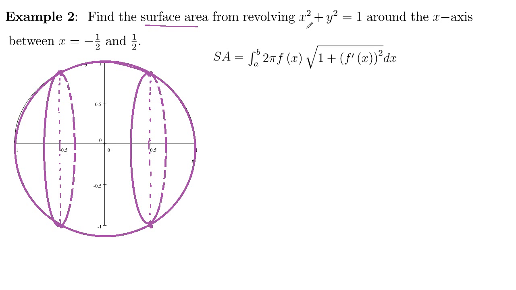If we write this in terms of our function, it's the integral from a to b of 2 pi, and f of x is the same as y, and f prime of x is the same as dy/dx. So this will be 1 plus dy/dx, or y prime, squared dx.